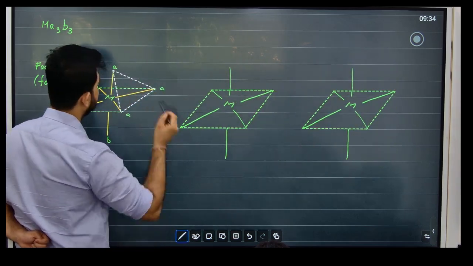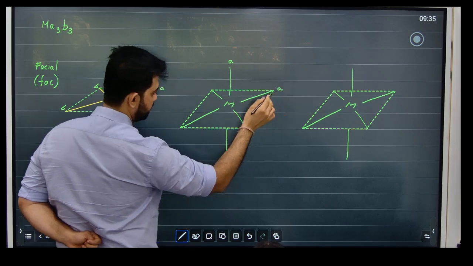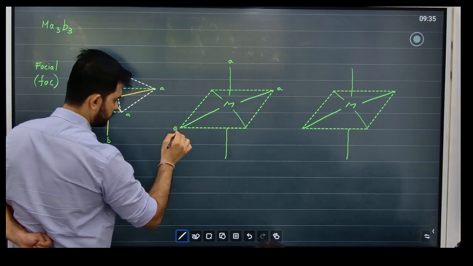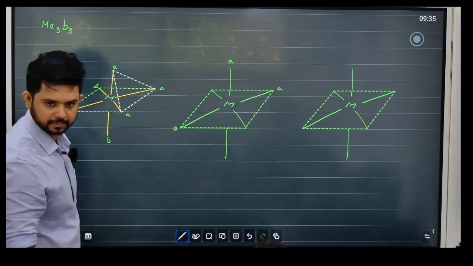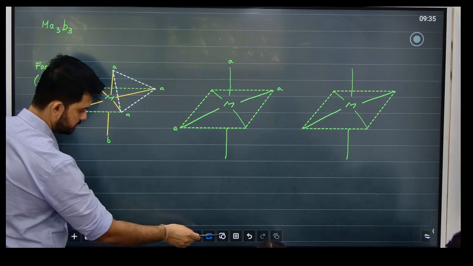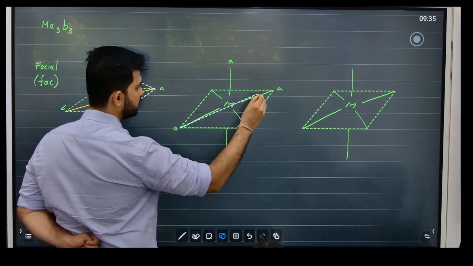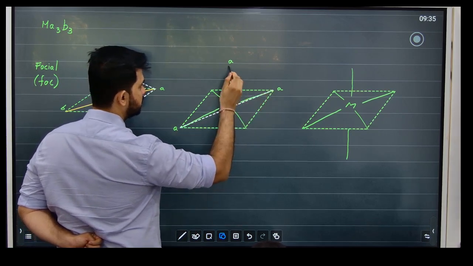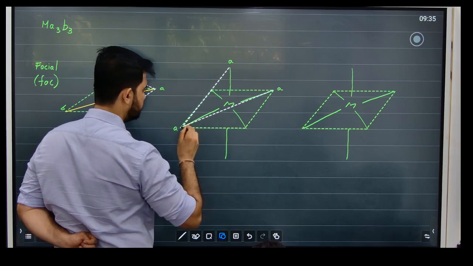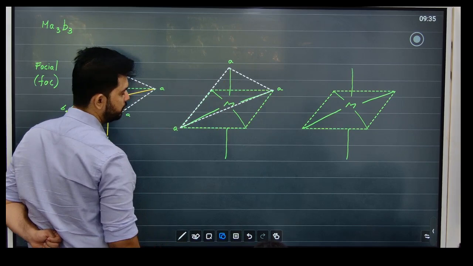So A was here, A, but the next A is here. Join them. What do you get? Again, what do you see here is A, where will you place B?